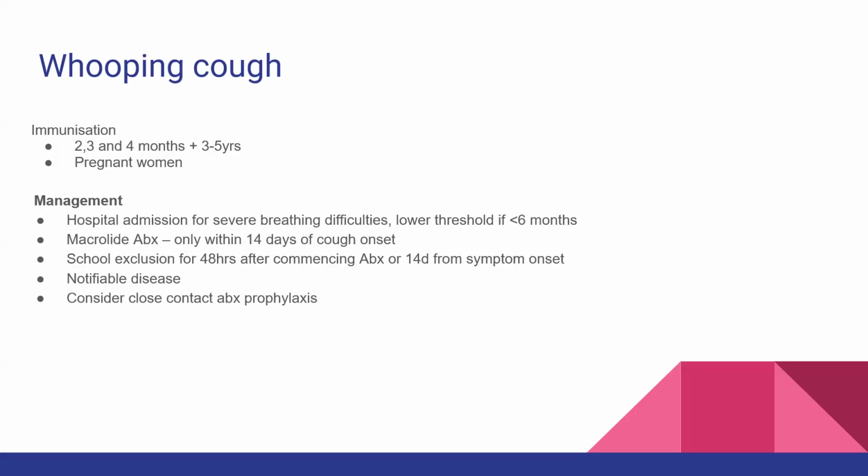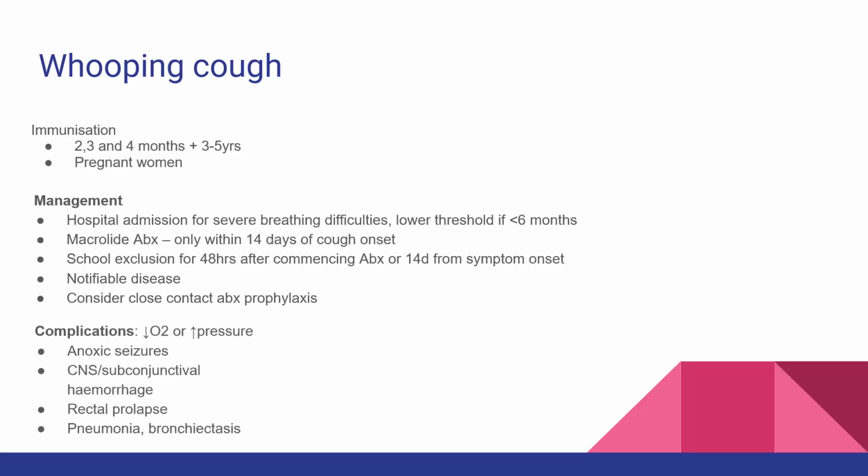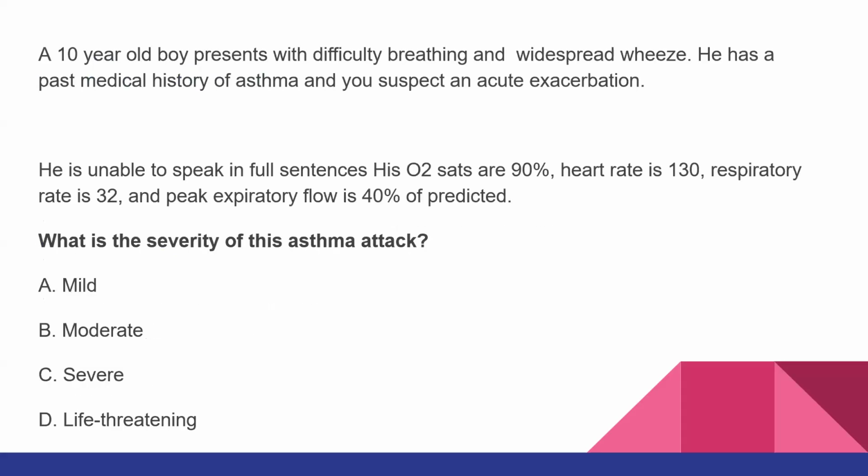Again, it's a notifiable disease. And if there are people that are vulnerable, you might consider doing antibiotic prophylaxis. And then there can be some complications, mainly from the coughing and the pressure changes.